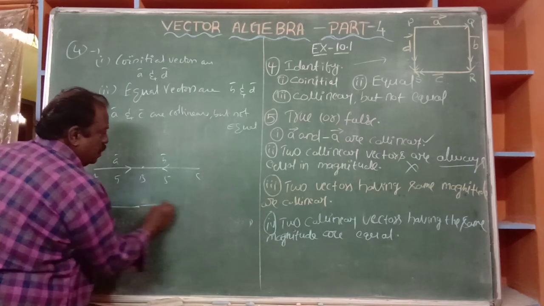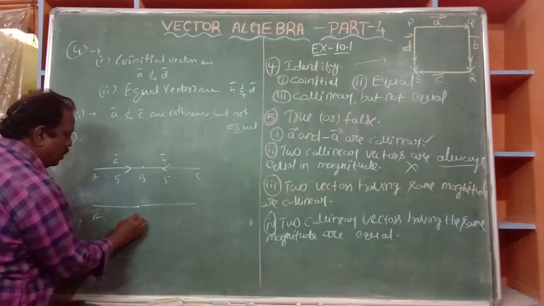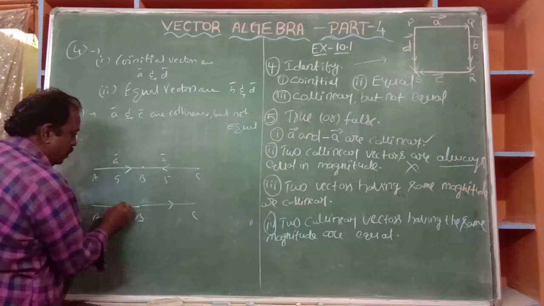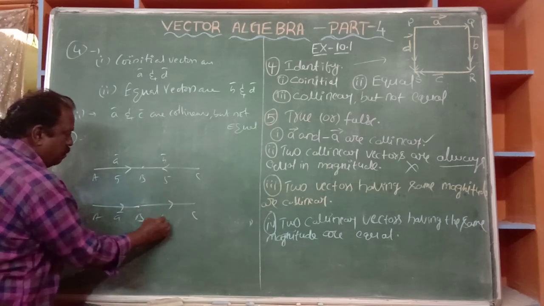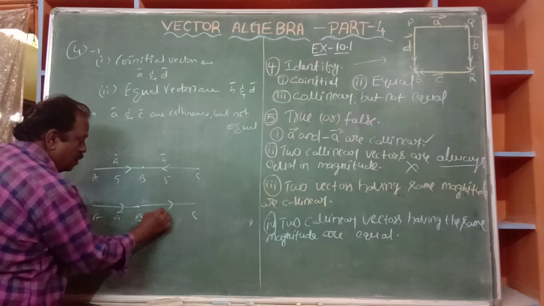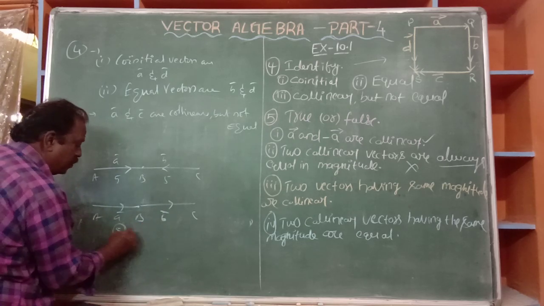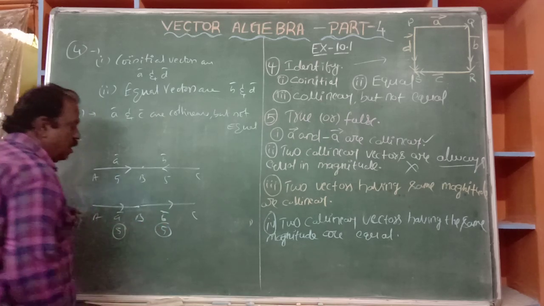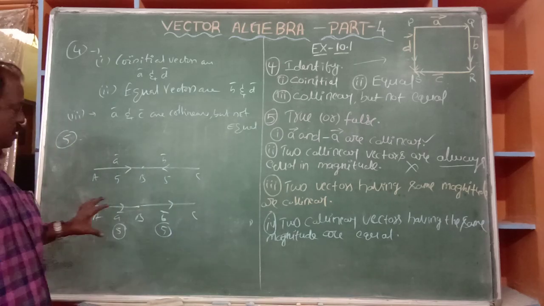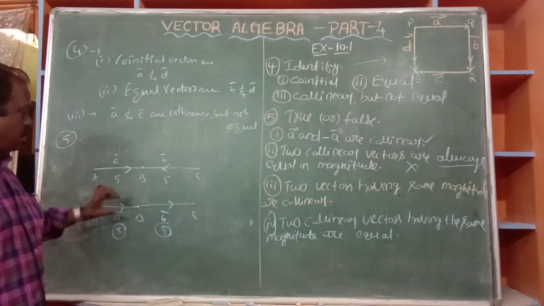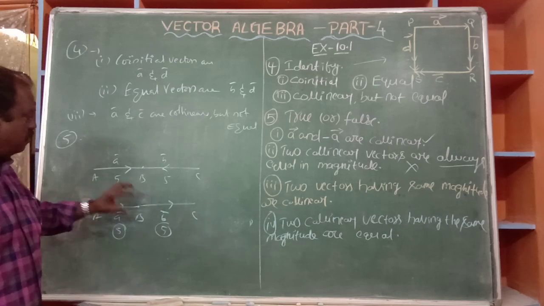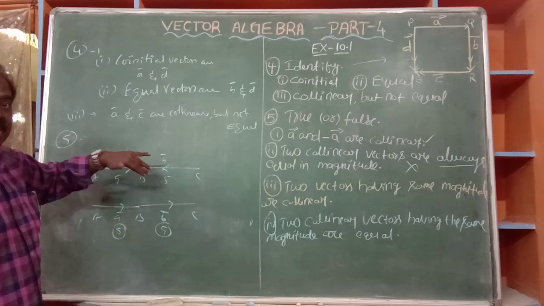Suppose AB bar and BC bar: it is A bar and B bar, 5 units in length and also 5 units in length. Here A bar and B bar are equal. But here, the direction is opposite.